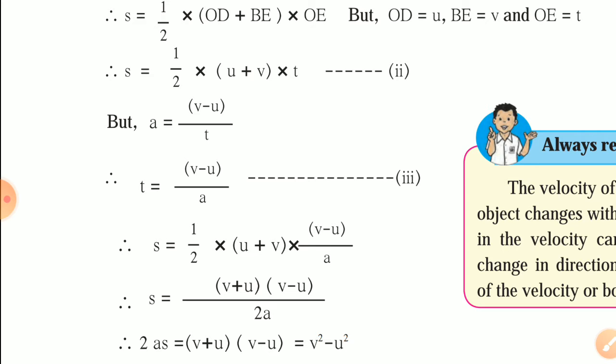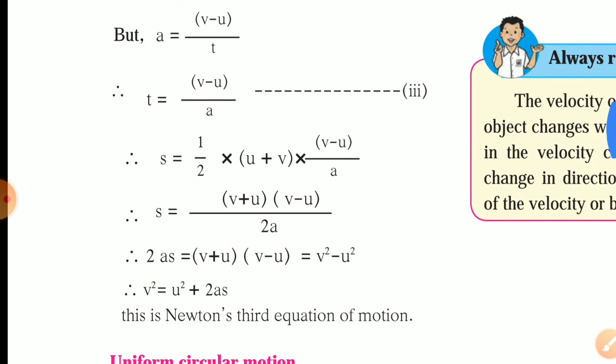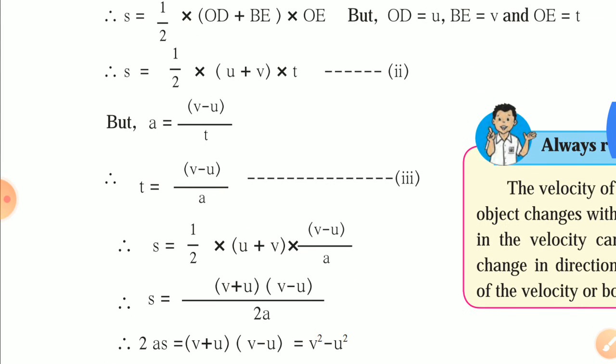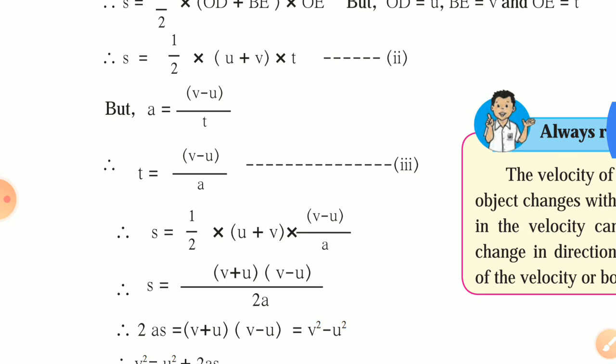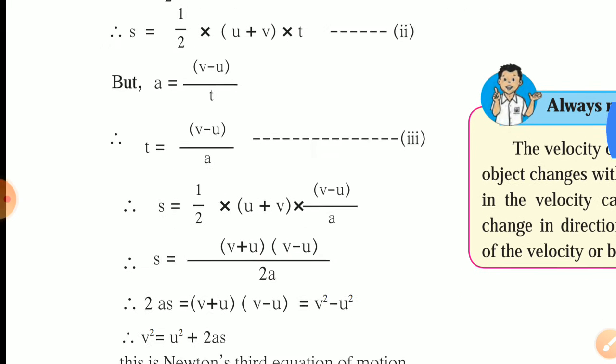We know that a is equal to v minus u divided by t, that is, acceleration is equal to v minus u divided by t. Therefore, t is equal to v minus u divided by a. This is equation second. By putting these two equations together, s is equal to half of u plus v multiplied by v minus u divided by a.